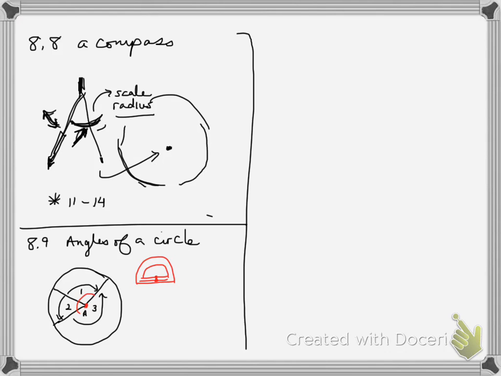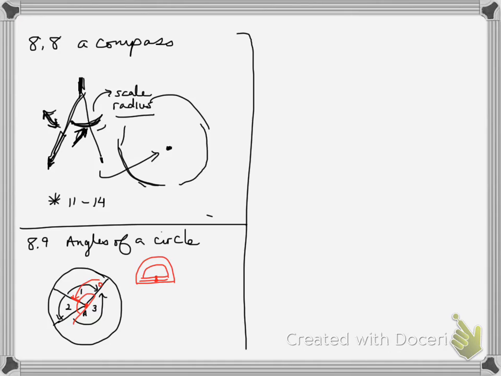So you're lining up your protractor here. This will be the 0 side, and I'll read over on the scale to here, and I'll have the number of degrees. So you know how to do this. We've already done this. So you can measure angle 1, angle 2, and angle 3.